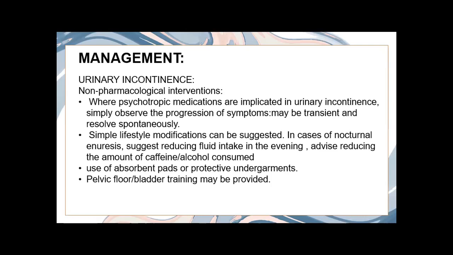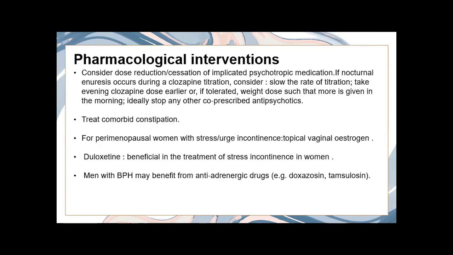Simple lifestyle modification can be suggested. Like in cases of nocturnal enuresis, we can suggest the patient reduce fluid intake at the time of evening and advise reducing the amount of caffeine and alcohol consumption. Use of absorbent pads or protective undergarments can be done, and pelvic floor or bladder training may be provided to the patient.